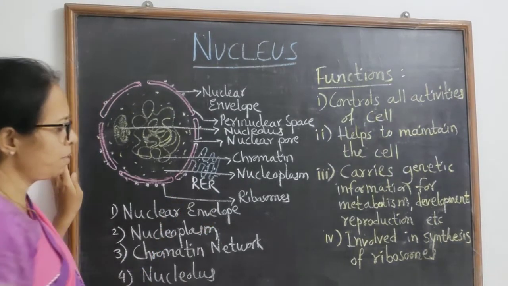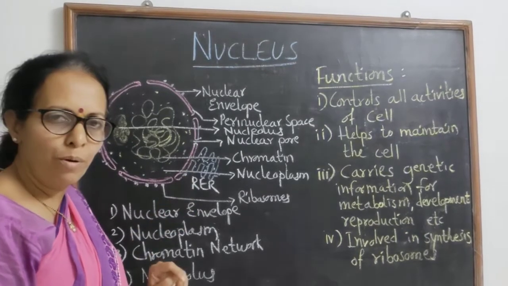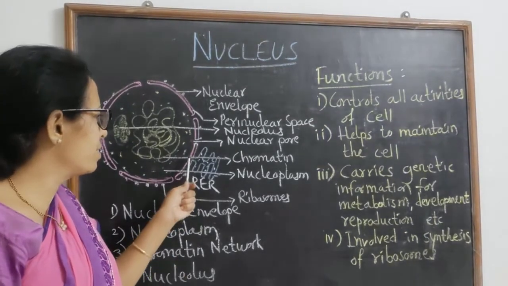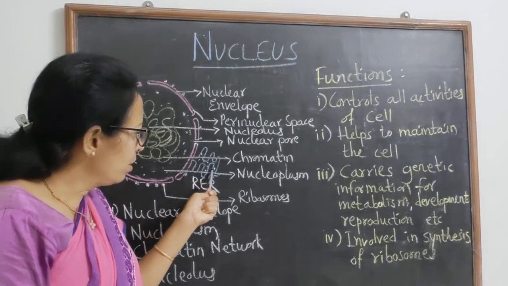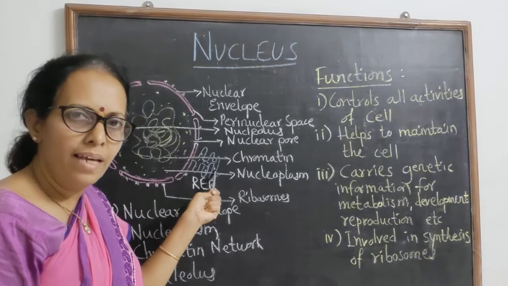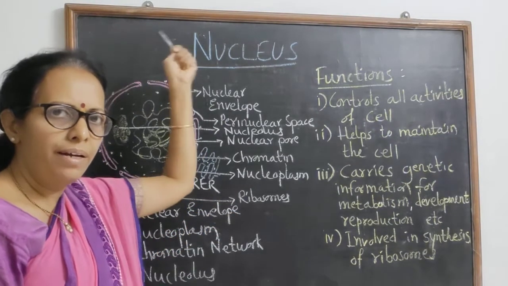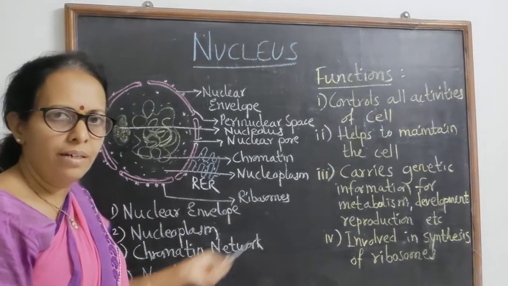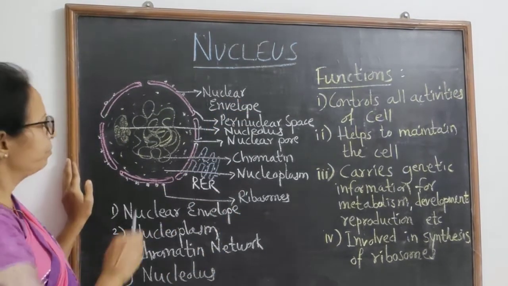While discussing the endoplasmic reticulum, we discussed that it starts from the nuclear envelope and goes to the SER, the smooth ER, and then to the entire cell, up to the cell membrane.